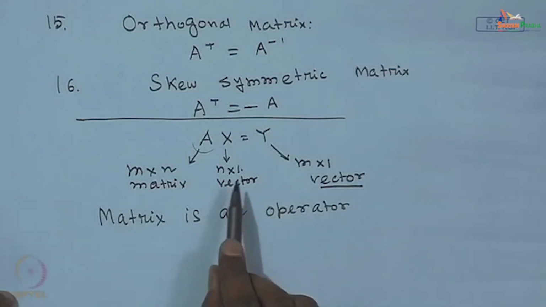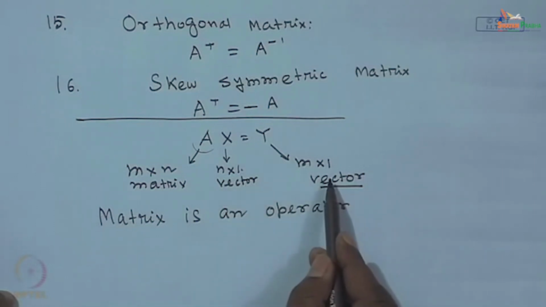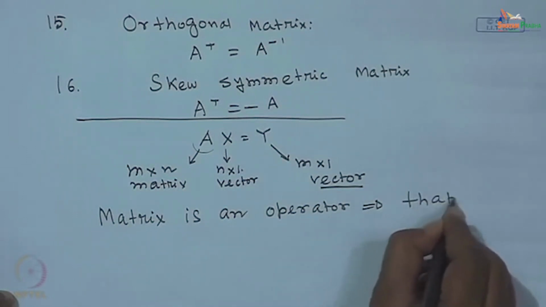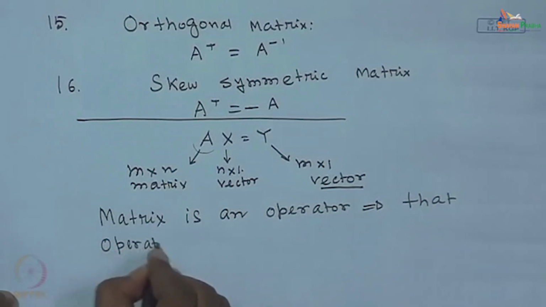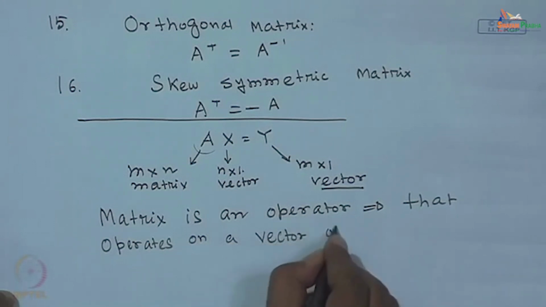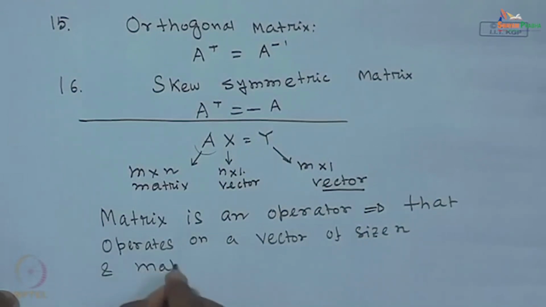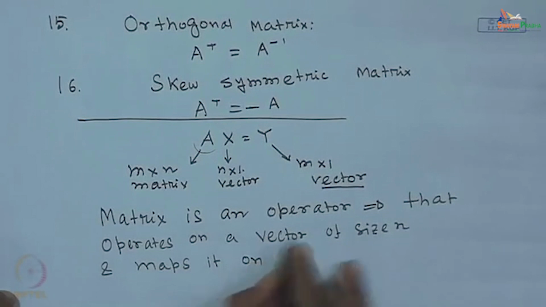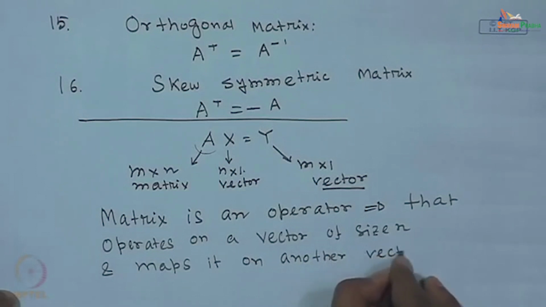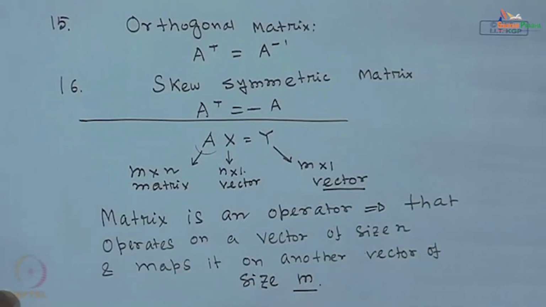It operates on a vector of size n and maps it onto another vector of size m.